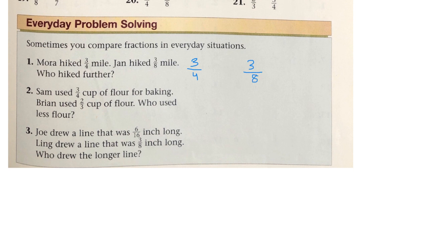Well, 4 and 8 have the least common multiple of 8. It takes 2 4's to get to 8. So 3/4 is greater than 3/8. So Maura hiked farther.